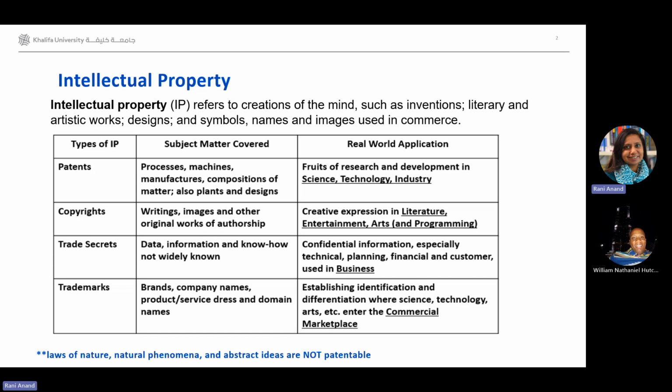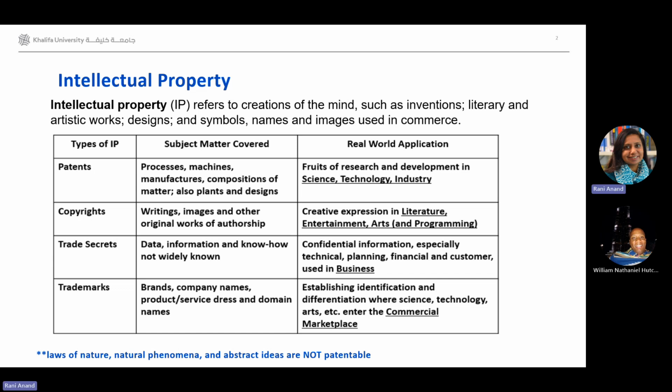Another type of intellectual property is trademarks. As you know, trademarks are brand names, names of companies, domain names, trade dress, patterns, designs, etc. For example, BMW, Mercedes, Adidas are brand names.